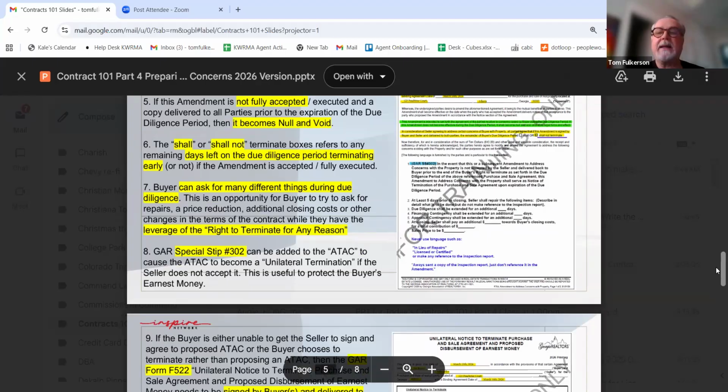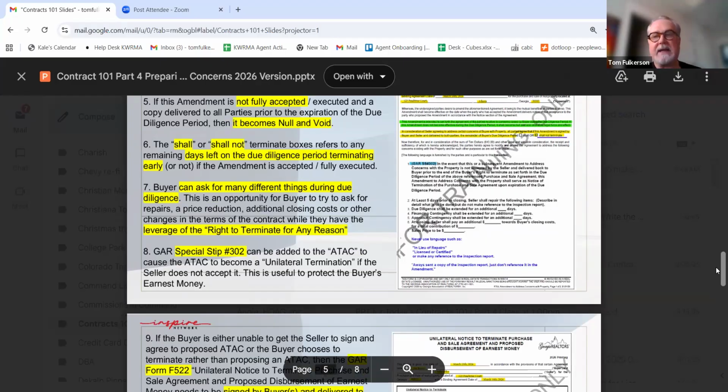We've also added, highlighted in blue here, a special stipulation, number 302, that can be added to your amendment to address concerns and cause it to become a unilateral termination if the seller does not accept it. It's very useful to protect the buyer's earnest money.